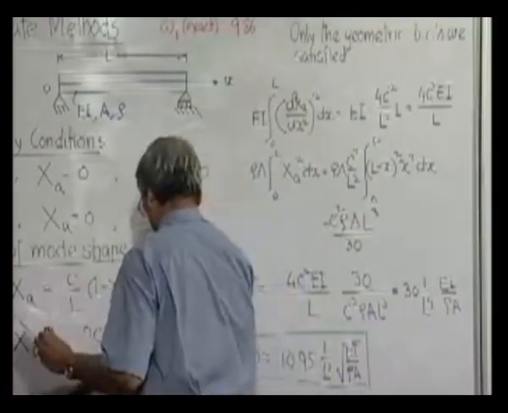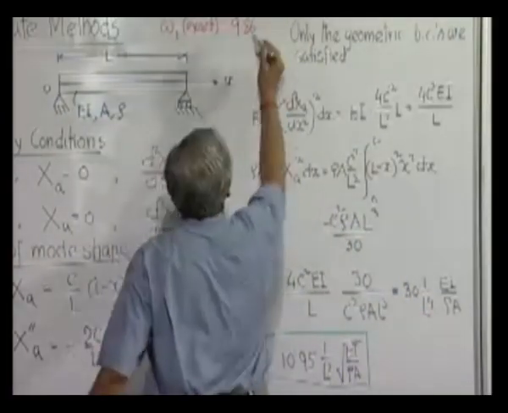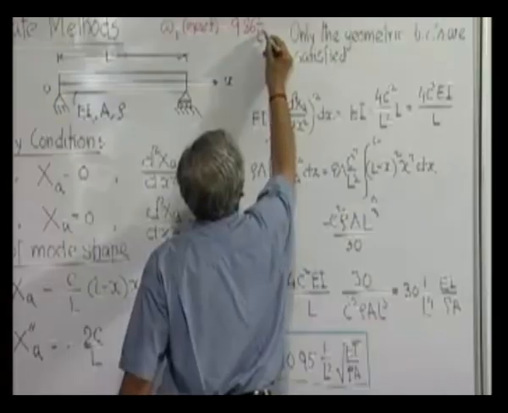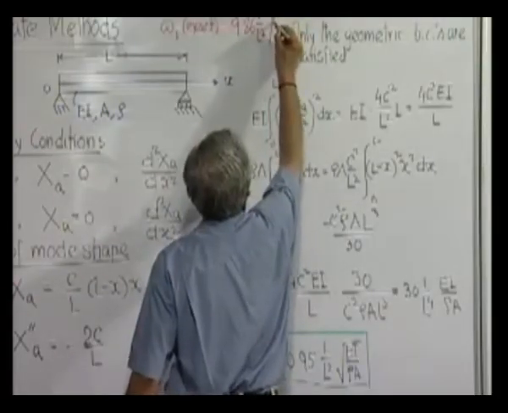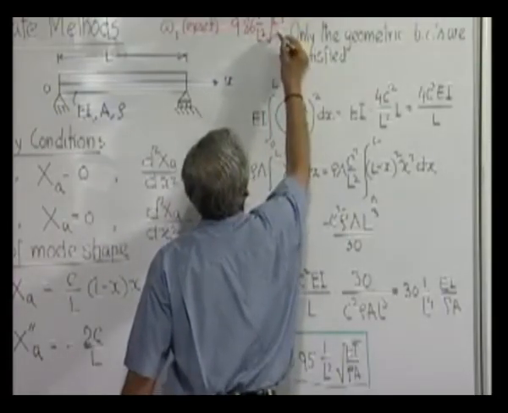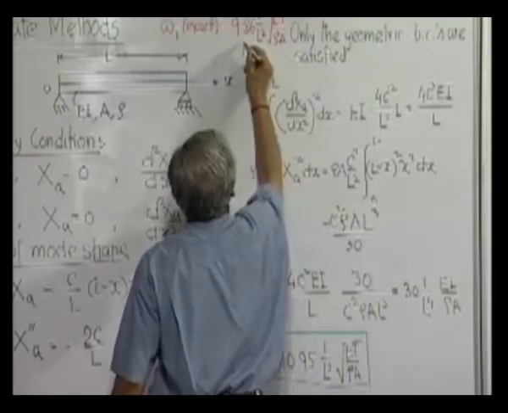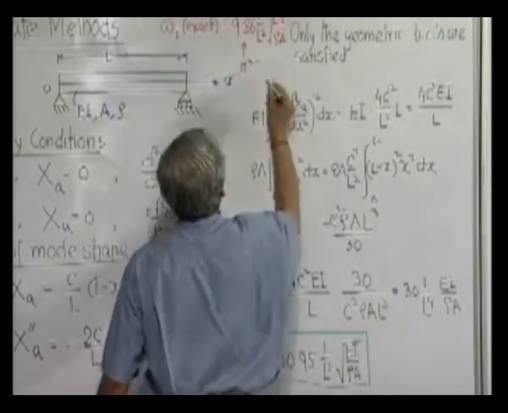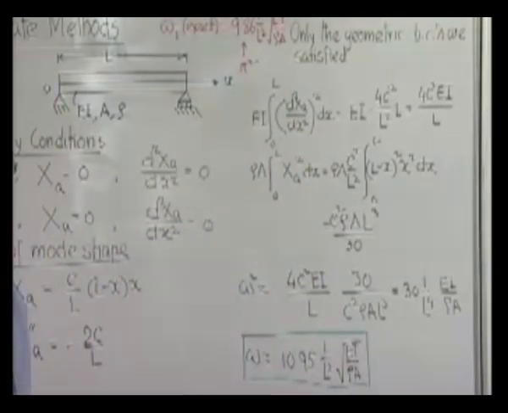So it is 9.86. This is actually pi square. That is the exact value. So you see that it is reasonably accurate, 9.86 and 8.95, approximately 0.1 difference in 10.